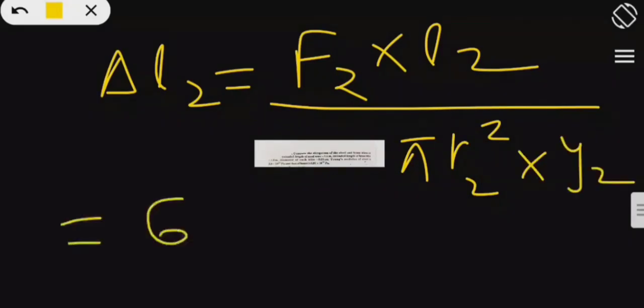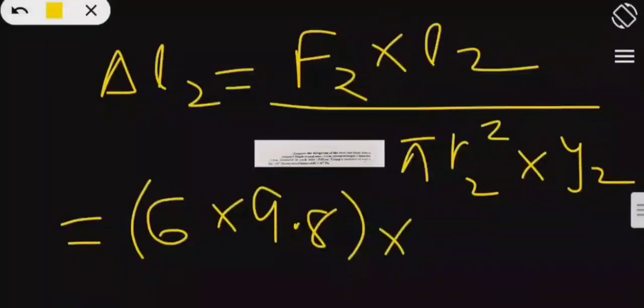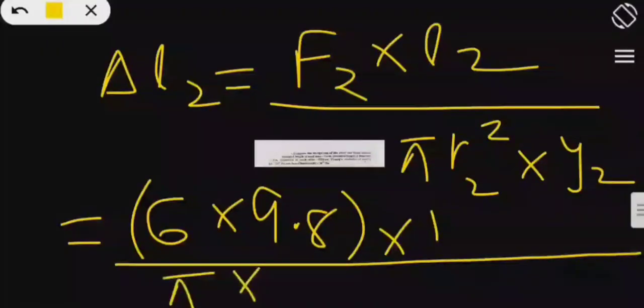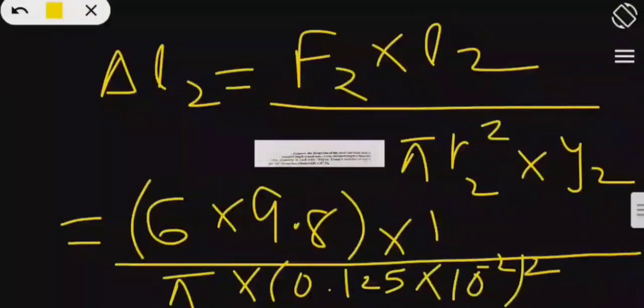So this is 6 into 9.8, this is the F2 value, into L2, which is 1, divided by pi into R2 square, that is 0.125 into 10 to the power minus 2 square, multiplied with 0.9 into 10 to the power 11. This is the Y2 value.